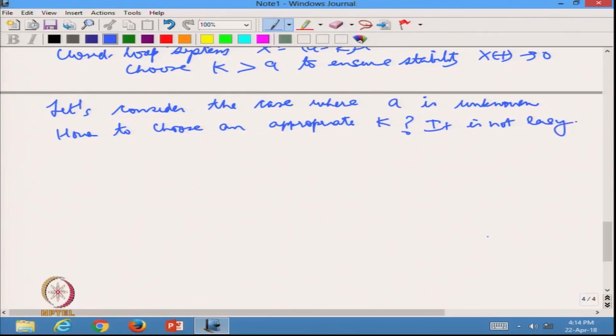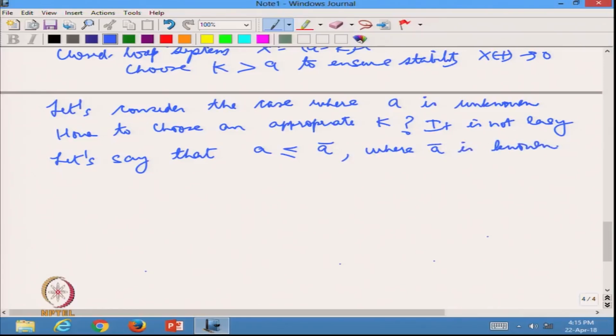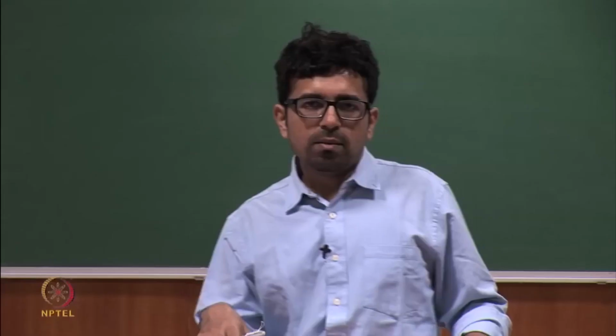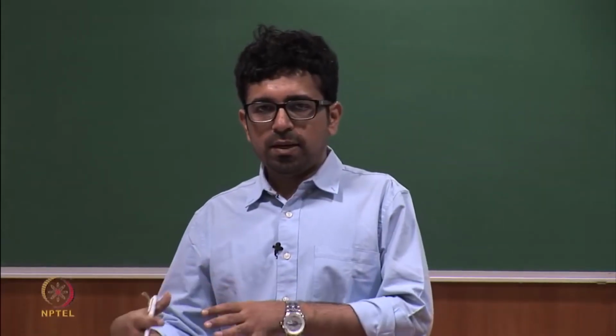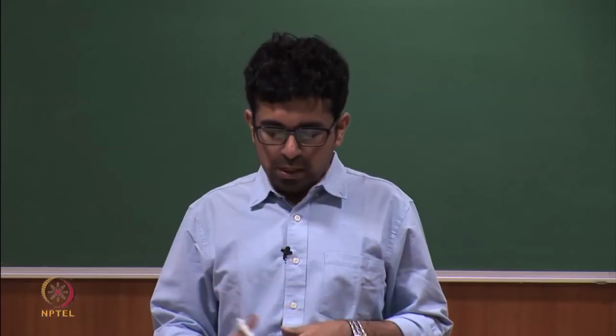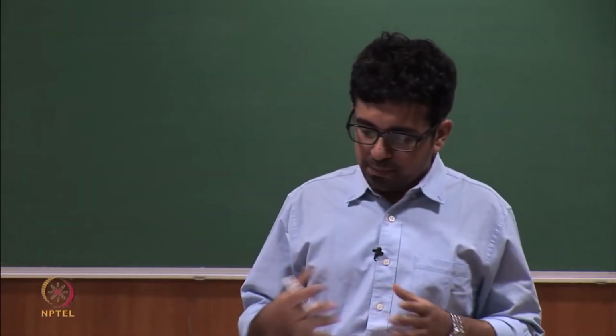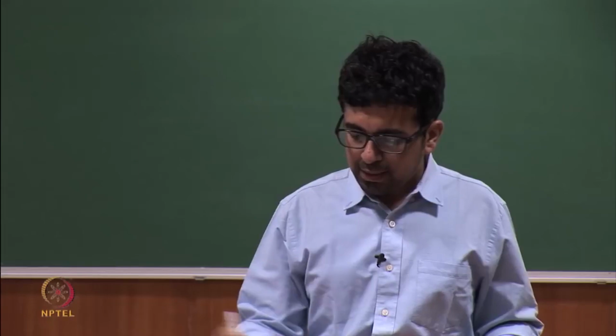So, let us relax this a little bit and say that we have an upper bound for a, where a bar is known. Okay. So, although a is not known, the upper bound of a, which is a bar, is known. So, we can still think about designing k in this case.